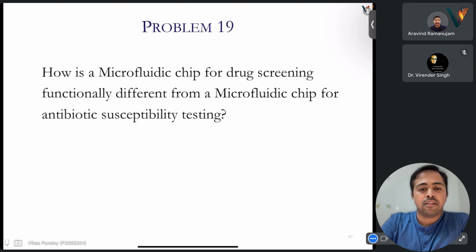For both, we saw a similar kind of thing, right? Impedance is being checked and all. Any answers for this?